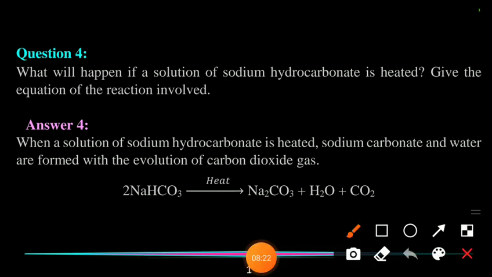Question number 4 is: what will happen if a solution of sodium hydrogen carbonate is heated? Give the equation of the reaction involved.